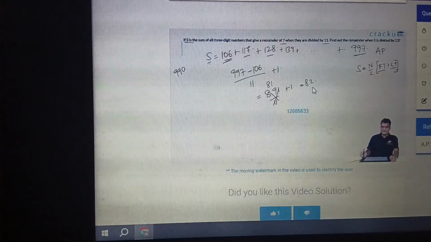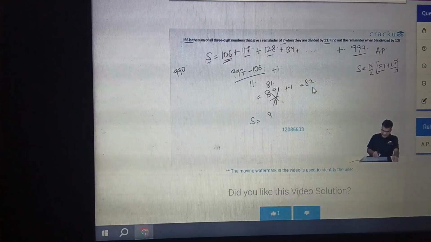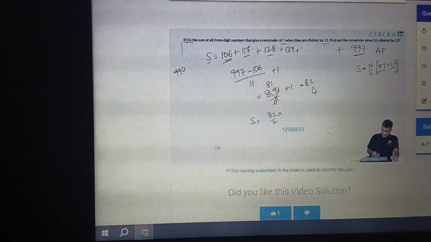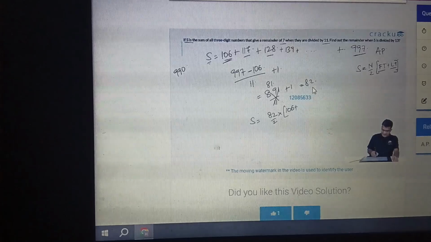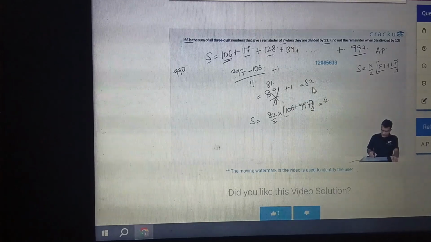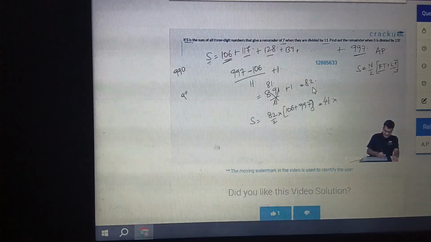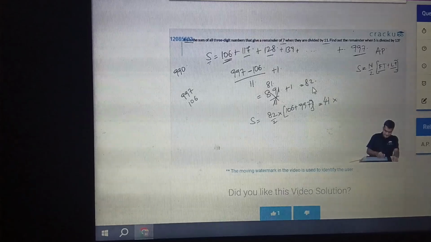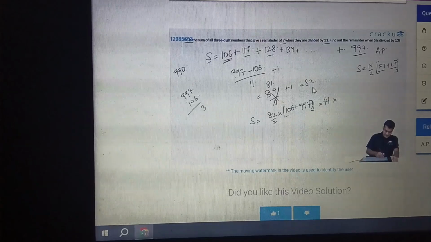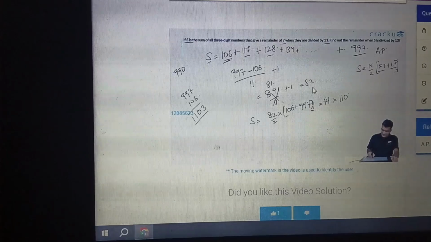So the number of terms is 82, and therefore the value of S is equal to 82 by 2 into the first term, which is 106, plus the last term, which is 997. This is equal to 41 times, what is the value of 106 plus 997? This will be equal to 1103. This is 41 times 1103.